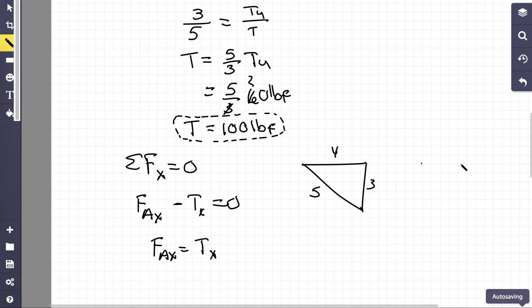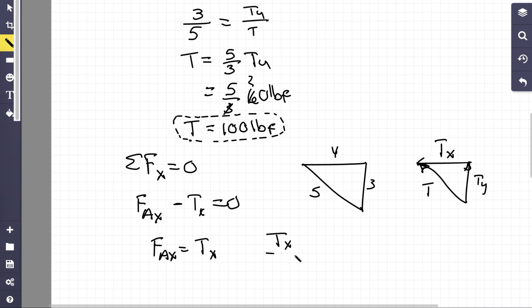We also know it's very similar to this vector component triangle Tx, Ty, and T. We could do the same thing over Tx. So we'd say that Tx over Ty is equal to 4/3.